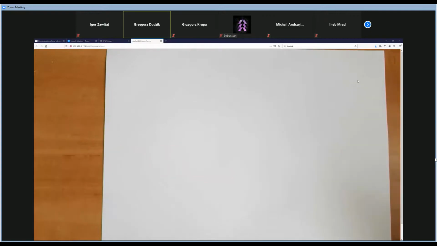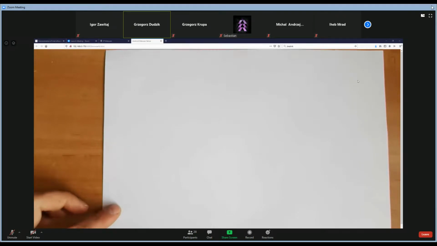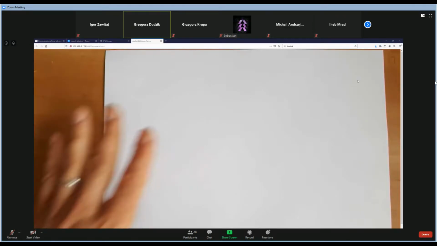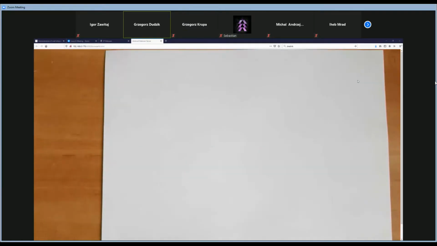Okay, do you see the white sheet? Yeah, okay, so everything is correct. Okay, great. The first thing, if I ask you what is the frequency characteristic, what will you tell me? What is the frequency characteristic?